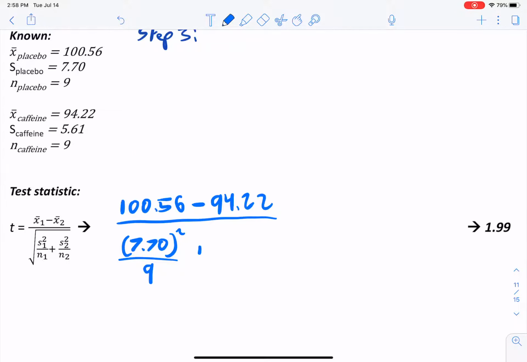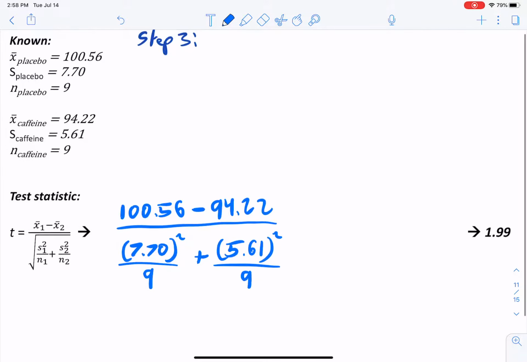Okay, and then the sample standard deviation of our caffeine group is 5.61, so 5.61 squared divided by our sample size, n. It's just convenient that they happen to be the same value.